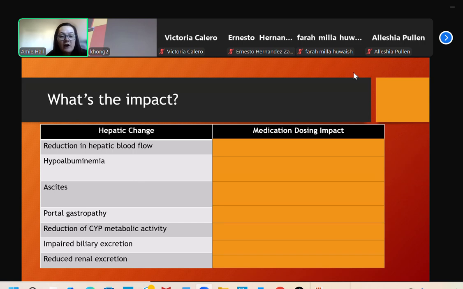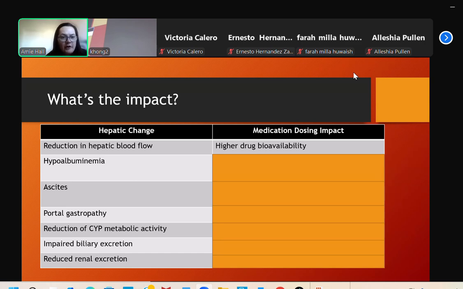So our liver generally helps detoxify, eliminate, metabolize the drug. So if we're having less blood flow into the liver, we're having less drug being run through the liver, we're going to have higher drug bioavailability.